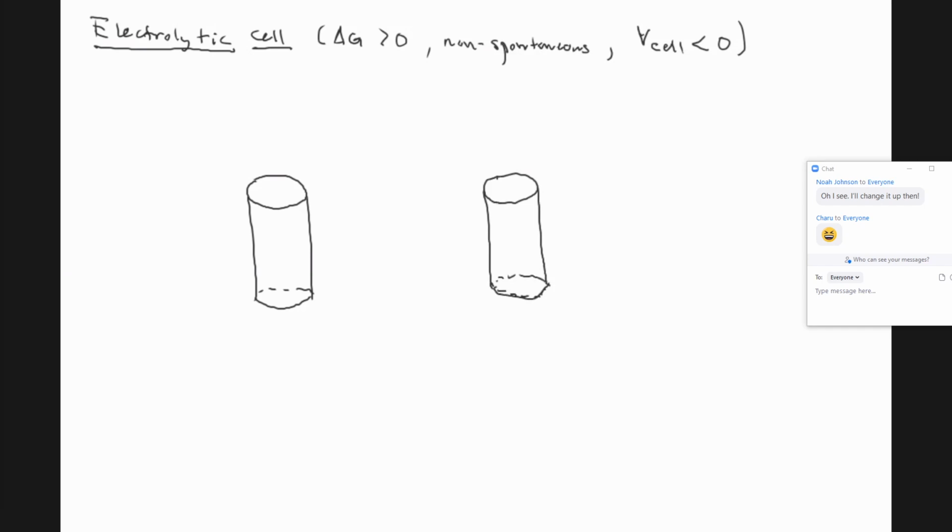So the copper that was fat here to begin with that we made from the last one, and the sliver of zinc that we have left over here. Except now what's happening is we're changing the copper side to be the anode side and the zinc side to be the cathode side.